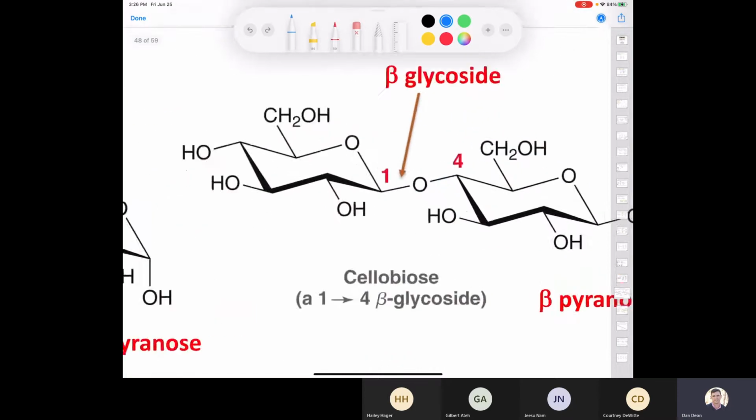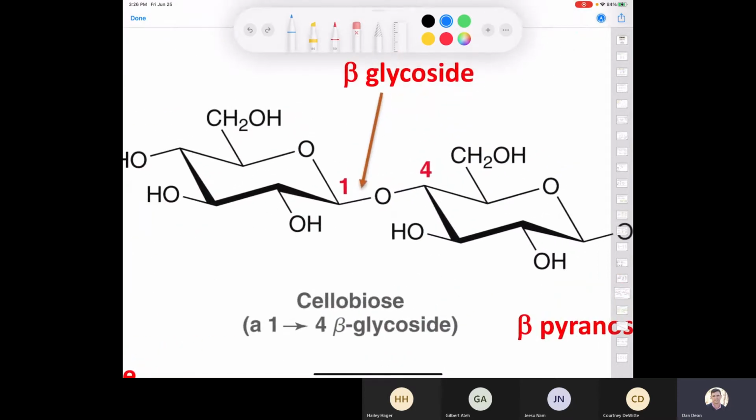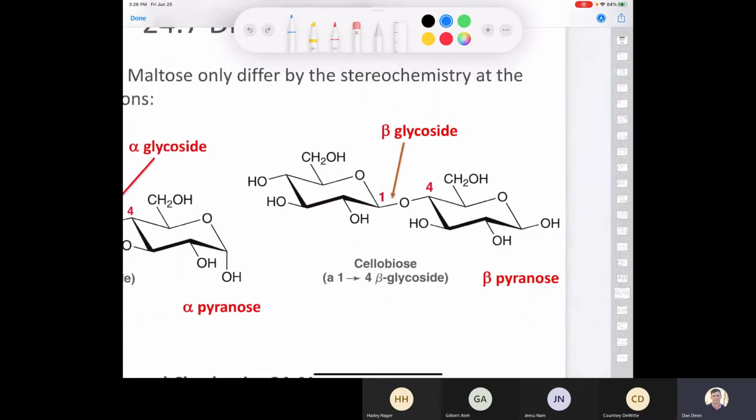It's the way the glycoside is linked, right? This is my glycosidic carbon, right? I have an ether here and I have another ether here. So that is glycosidic. But the bond that's going off of carbon 1 is pointing up. And so it's a beta 1,4 linkage.